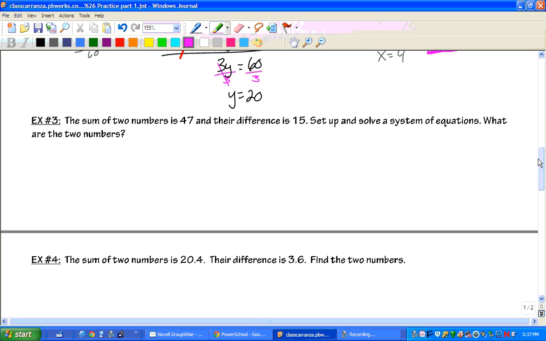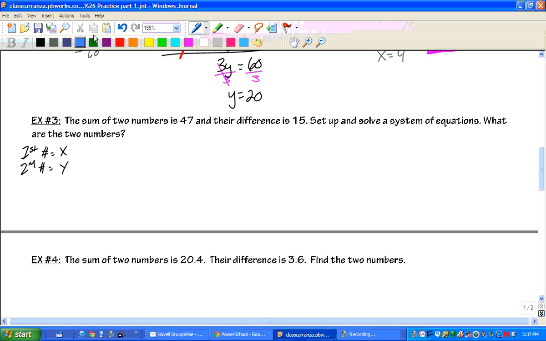The sum of two numbers is 47 and their difference is 15. Set up and solve a system of equations, and then what are the two numbers? Okay, so we have the first number and the second number. Okay, one is x and one is y.